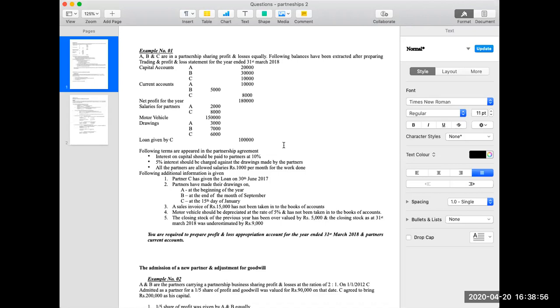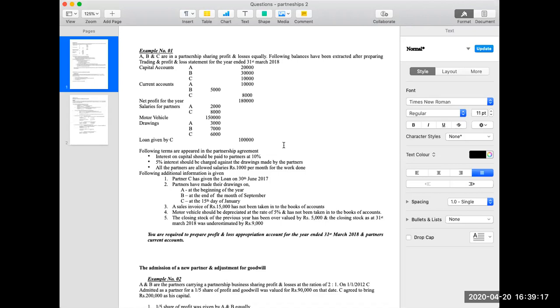Now what you have to do is calculate the balances. Calculate the P&L appropriation account, balance it, take the balancing figure, that is the share of profit that has to be distributed among the partners. The profits and losses are shared equally.